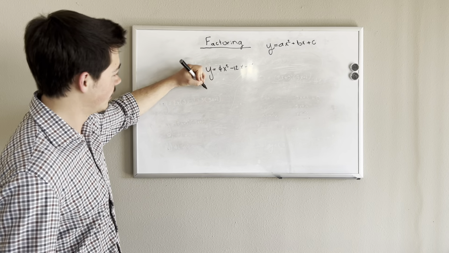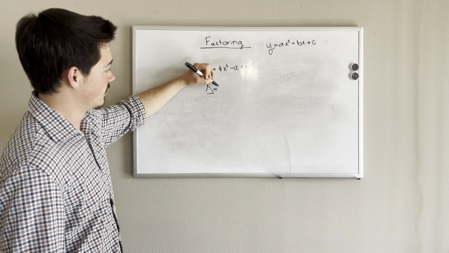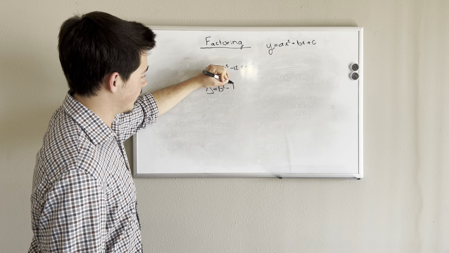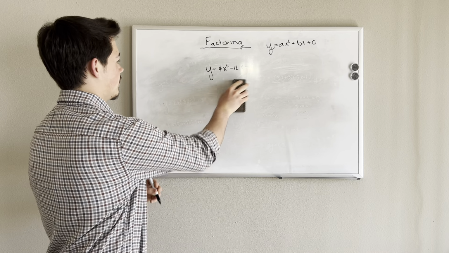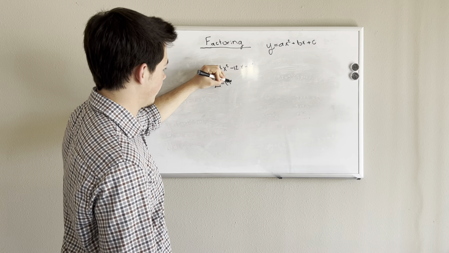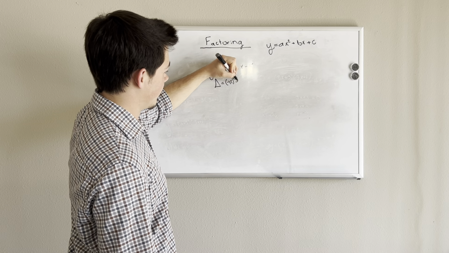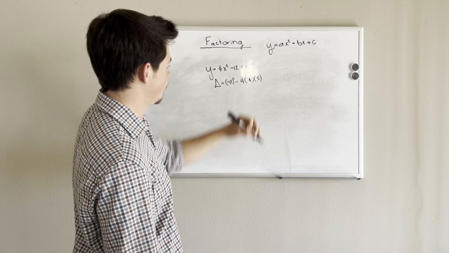So next we want to check, is our discriminant a perfect square? Remember, b squared minus 4ac. For us, that means delta is equal to negative 12 squared minus 4 times 4 times 5.